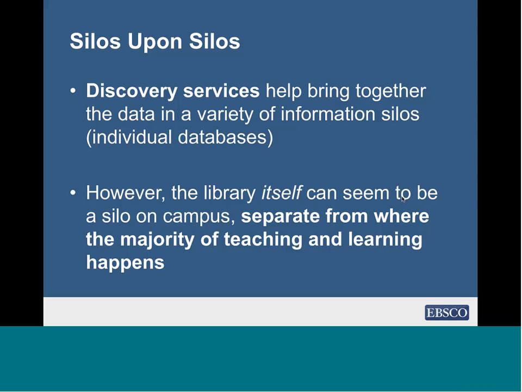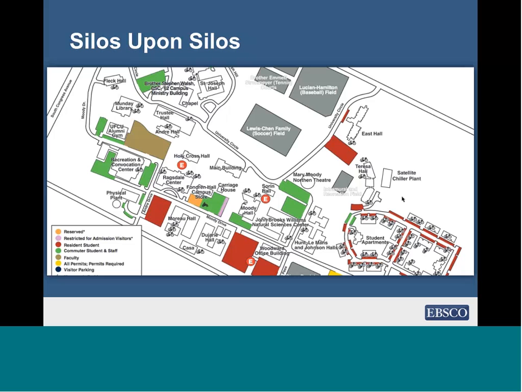However, the thing that we noticed is the library itself was still a silo on campus. Even though we had built this single search box for all of our students to access our information in a way that they were familiar with, keyword searching, a single search and getting results back, we were still separate from where the majority of teaching and learning happened. So here's a quick map of St. Edward's University.